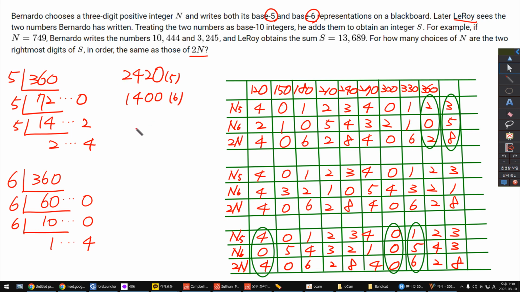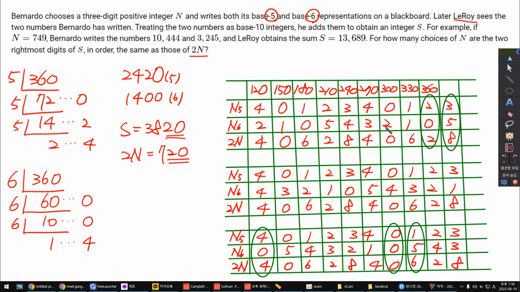So if we add these two, the sum is 3820, and 360 times 2 is 720. Now we have the same two rightmost digits. So that's the case we want.